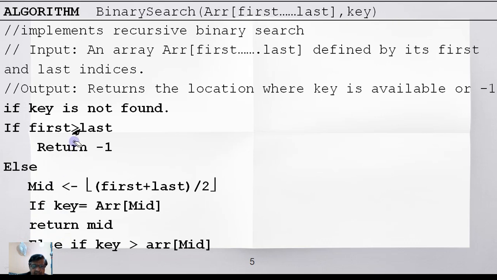Else, if this condition is not true, then mid equals floor of (first plus last) divided by 2. Floor is taken considering that the array may be odd numbered also. If key equals array of mid, return mid. Okay, the position is definitely the middle position.